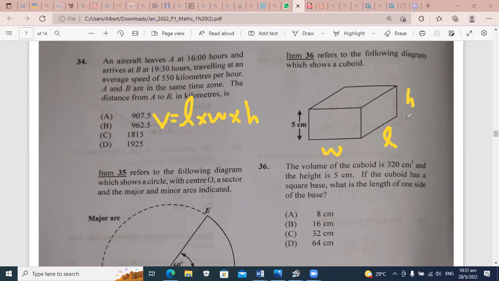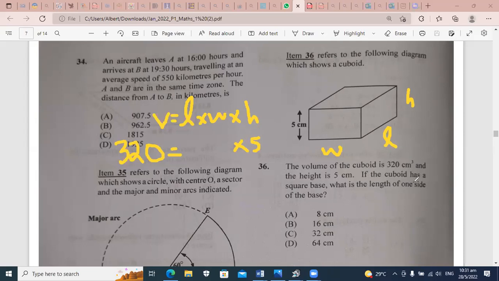When you multiply all three numbers you get 320. But they say the height is 5. So we know that h is 5.